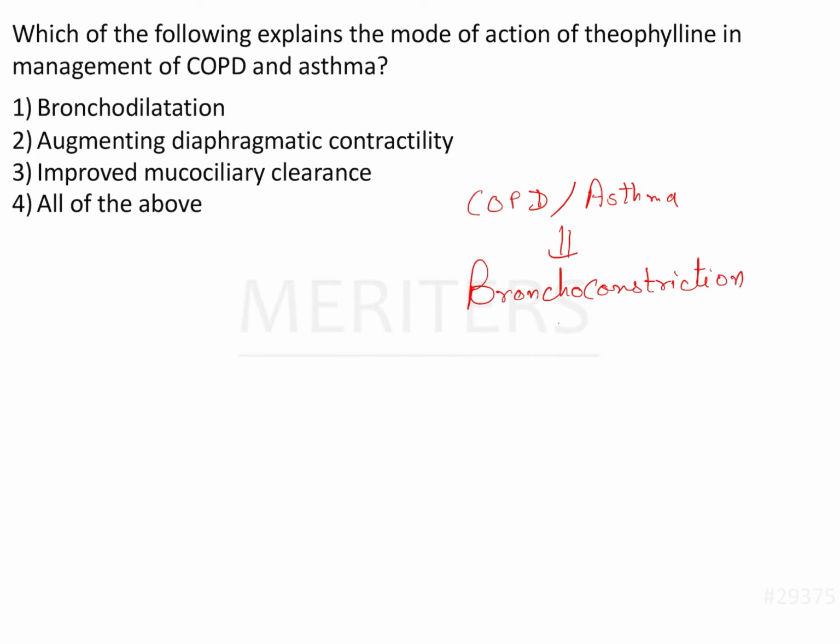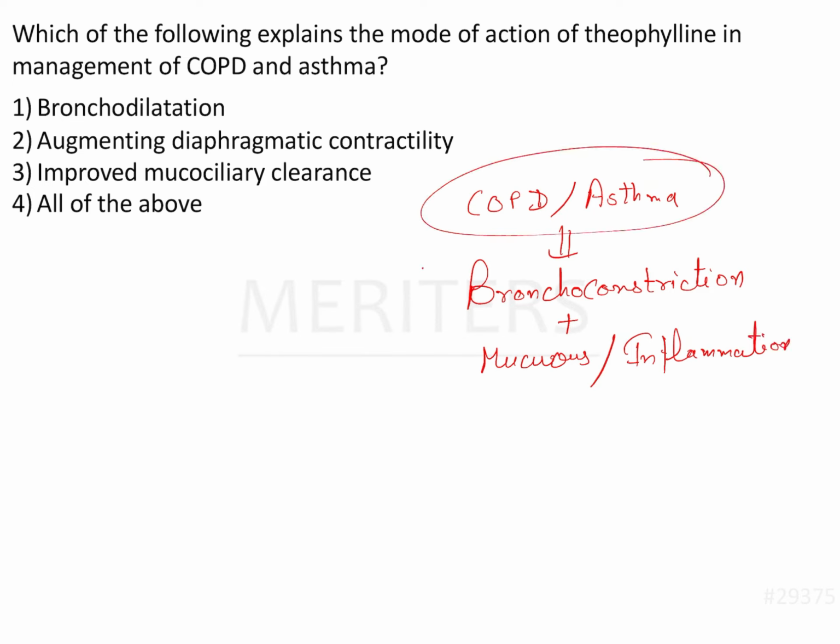With the bronchoconstriction, there is also narrowing of the airway due to mucus secretion, or we can say there is hyperreactivity of the bronchi, and there is inflammation in the bronchi as well, right? So irrespective of the condition, COPD or asthma, there will be two problems: bronchoconstriction and inflammation.